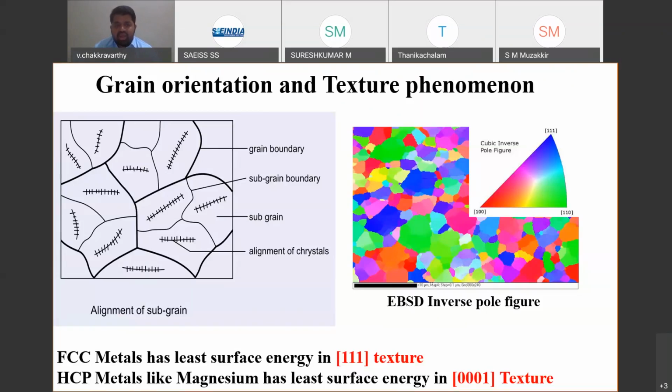Based on what texture it is, in what direction the grains were oriented, only based on that could we come to a precise conclusion on whether our material is going to be really corrosion resistant or not. Everything is guided by surface energy, which determines your corrosion rate. Least surface energy means the corrosion resistance is obviously higher.